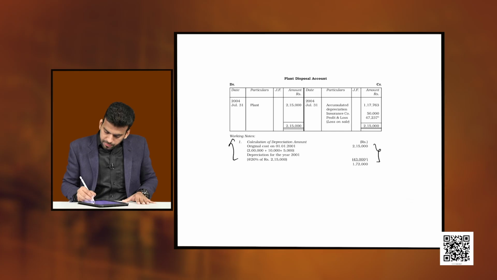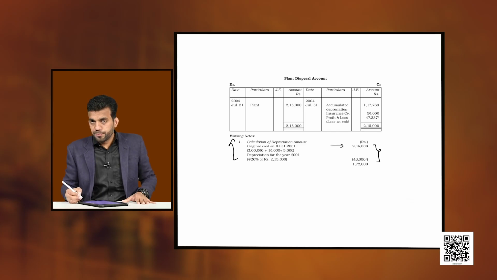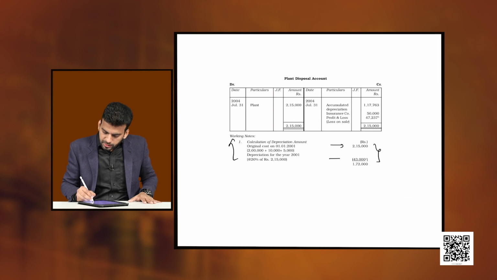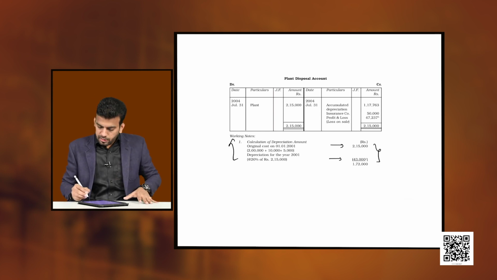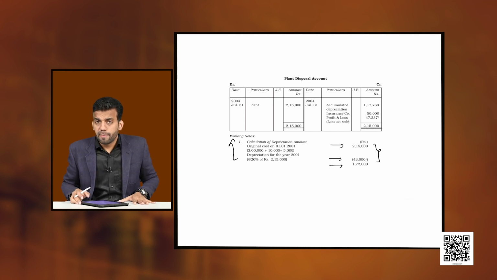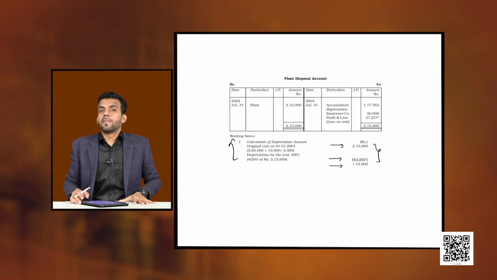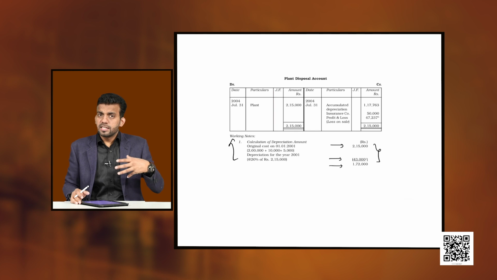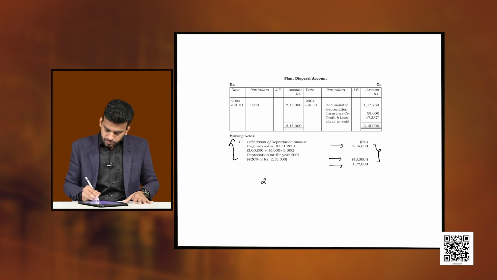As you know, the machine was for 215,000. In the first year, it got reduced by 20%, that is 43,000. Now, the reduced value is 172,000. Written down value method says the reduced amount of machine is going to be treated as the amount for calculating depreciation. So, 20% of 172,000 is 34,400.